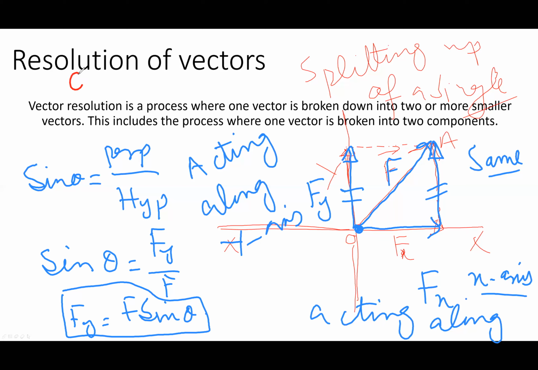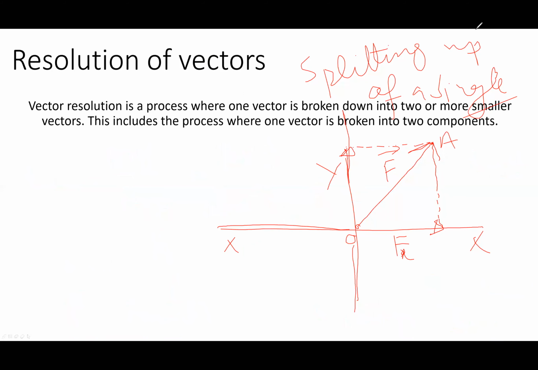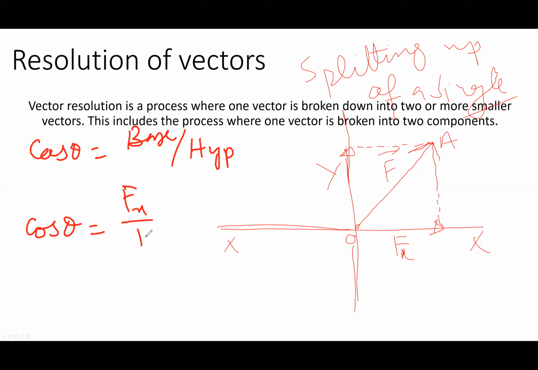For horizontal component, we will write cos theta is equal to base by hypotenuse. Cos theta is equal to base fx divided by f.